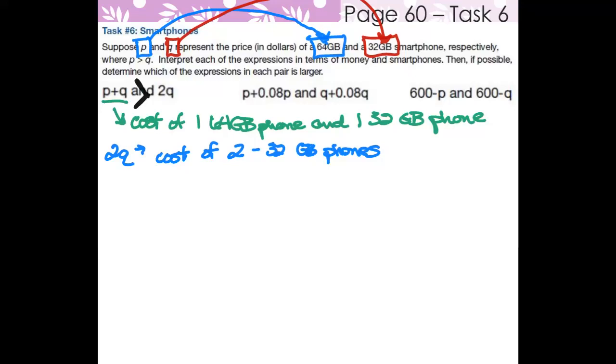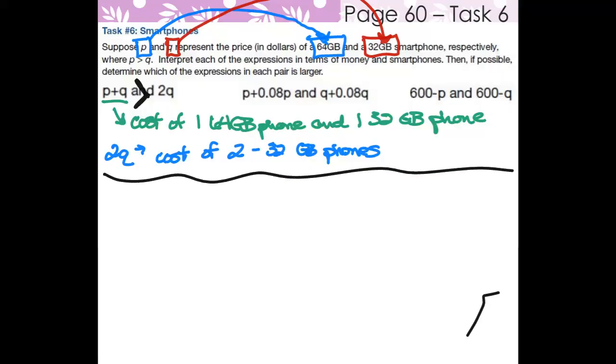P plus 0.08 P, and you're comparing that with Q plus 0.08 Q. So what in the heck could that represent? I'm going to write these down here.